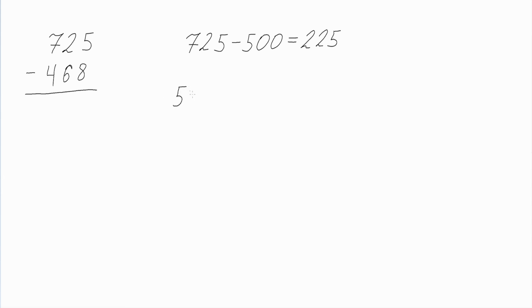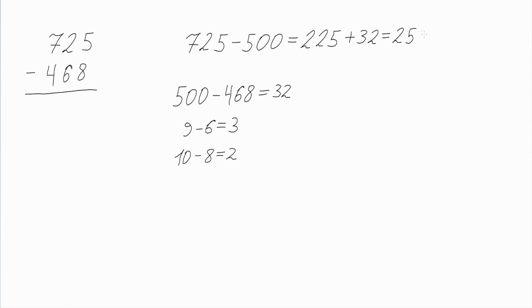So now we find the difference between 500 and 468 using the method I just showed you. So 9 minus 6 will give us 3. And 10 minus 8 will give us 2. This means that we have to add back 32. And our final answer would be 257.